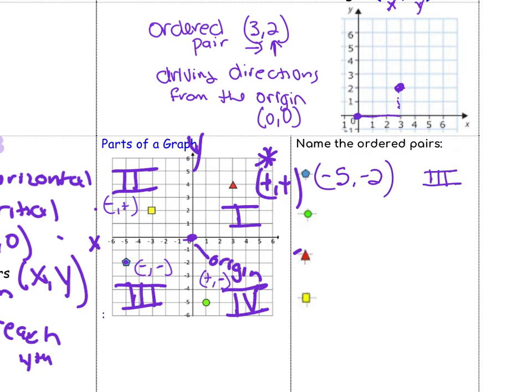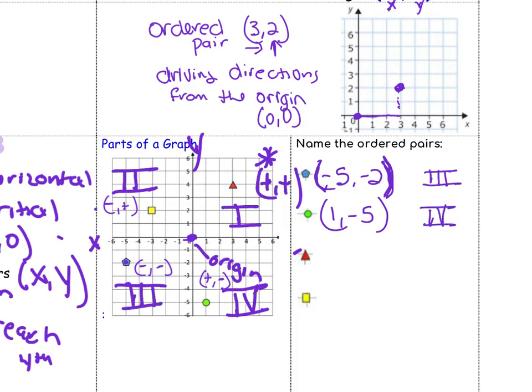The green, we have to go over 1, down 5. So positive 1, but down negative 5. So we say that is located at 1, negative 5. Notice I have my parentheses. Ordered pairs, and we also call them coordinates, have to have those parentheses. And that green is in that fourth quadrant.